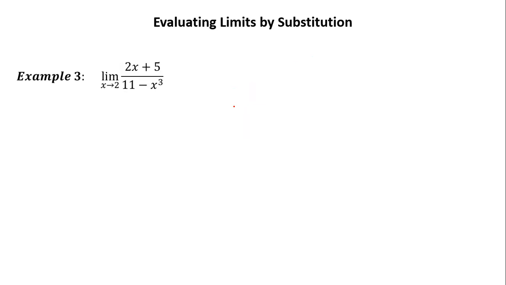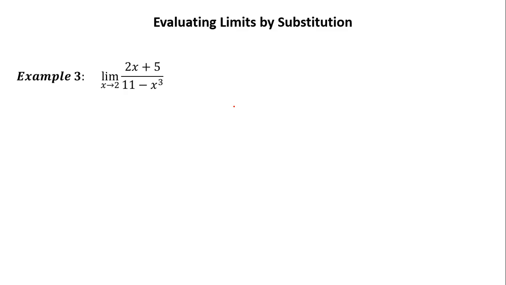Now we have a rational function. For rational functions, we have to check whether after substitution we have a 0 over 0. So if that's the case, then we must try factoring the numerator and the denominator and then cancel out common factors. Obviously, in this example, if you substitute 2, you will not have a 0 over 0.